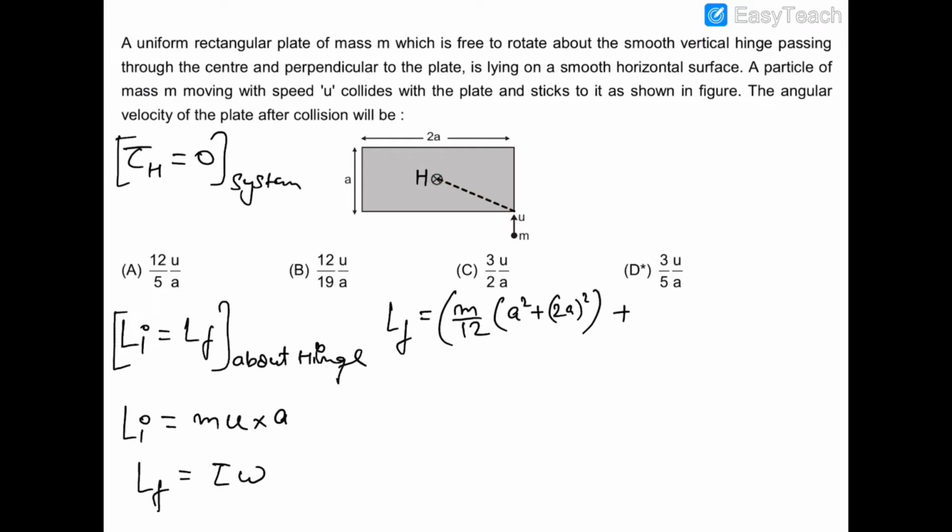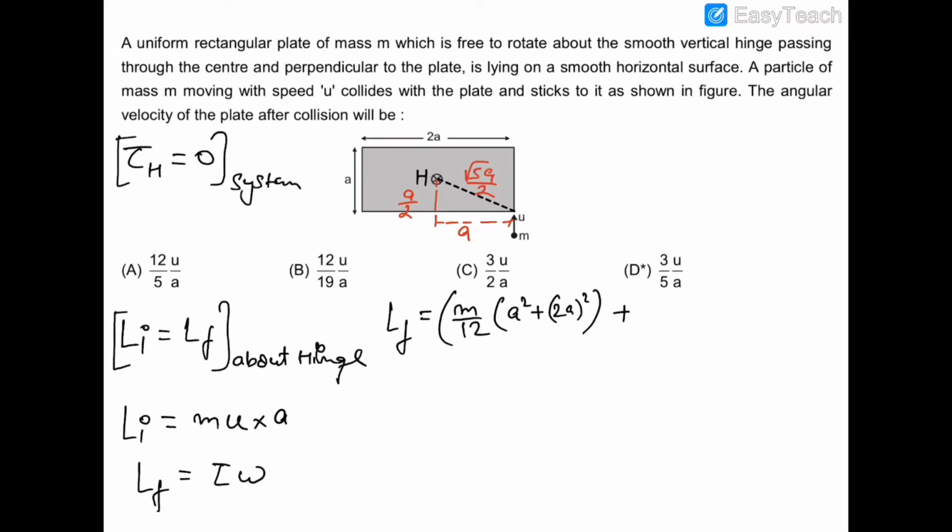So let us find out this distance. This height is a by 2 and this is a. So this will be root 5a by 2.